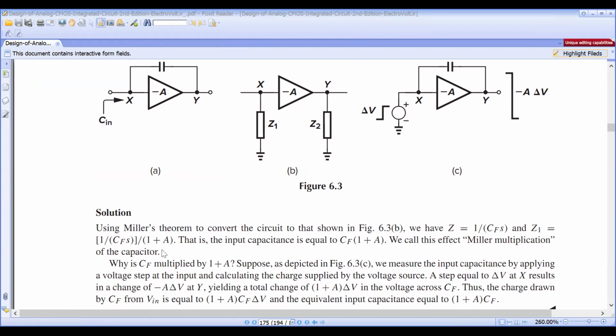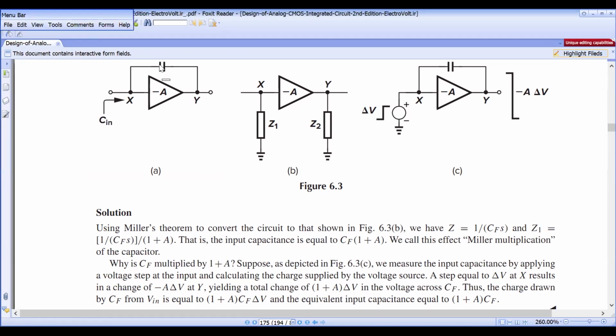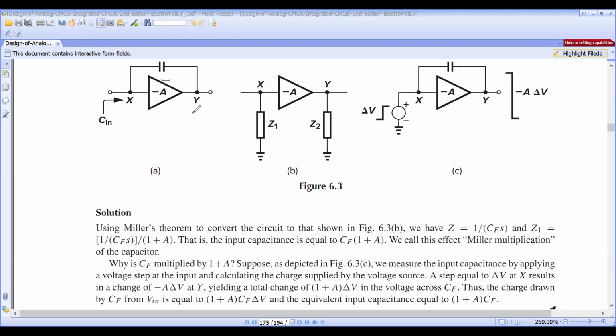So why is CF multiplied with 1 plus A in the Miller multiplication?